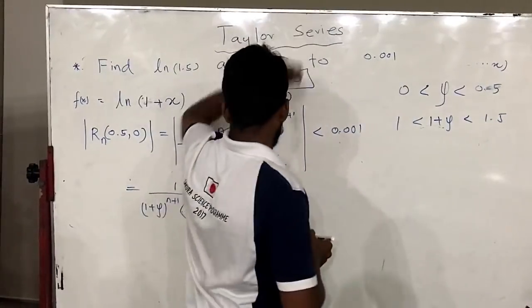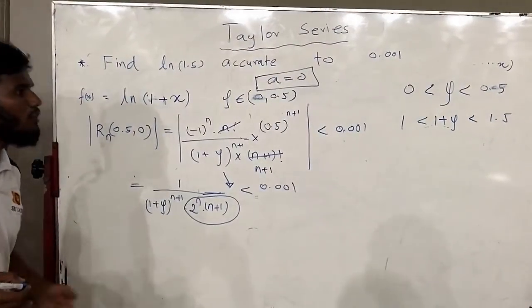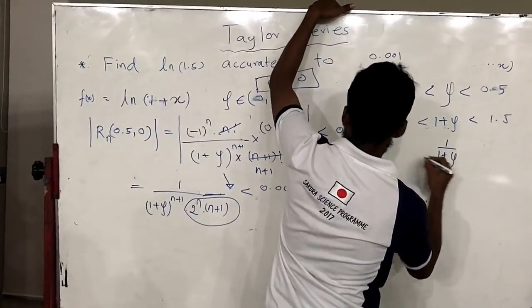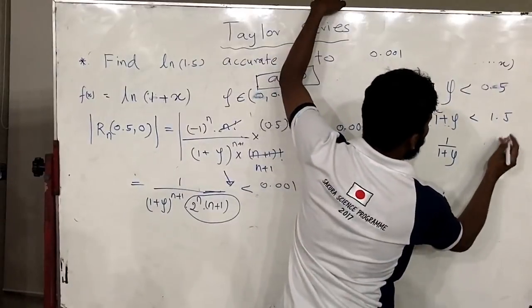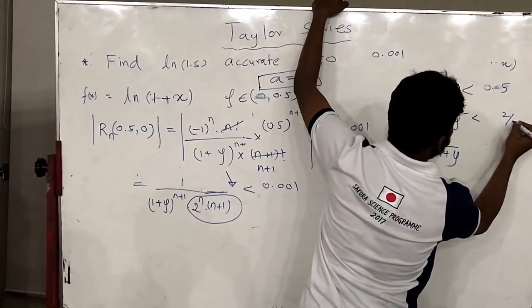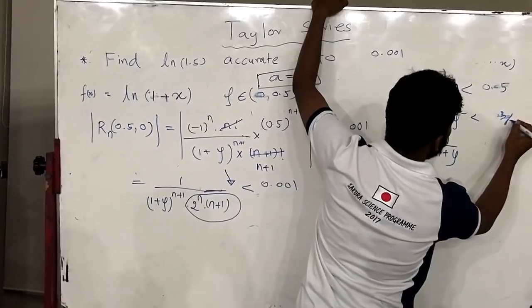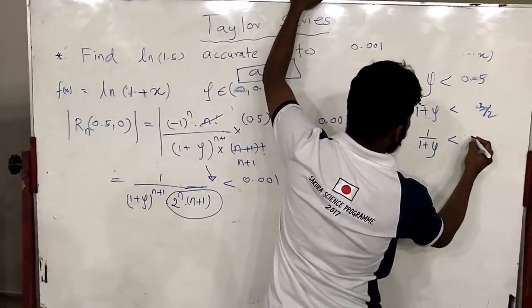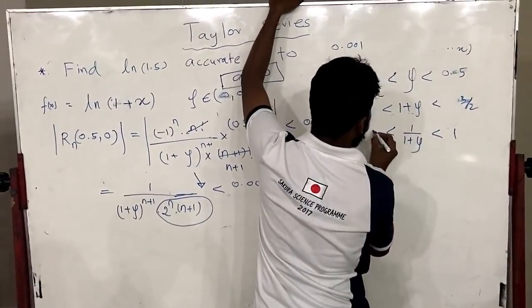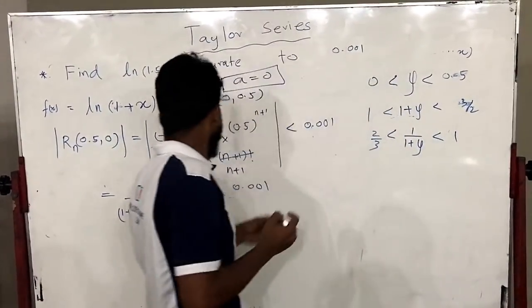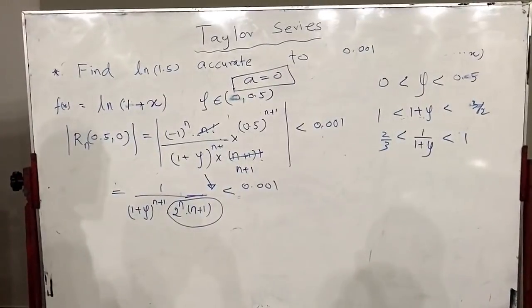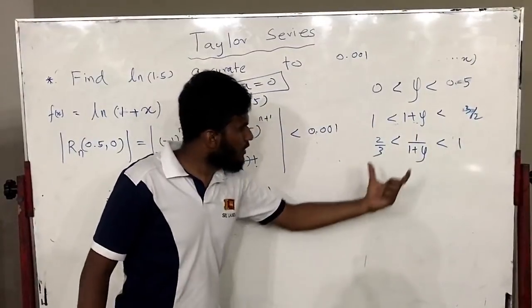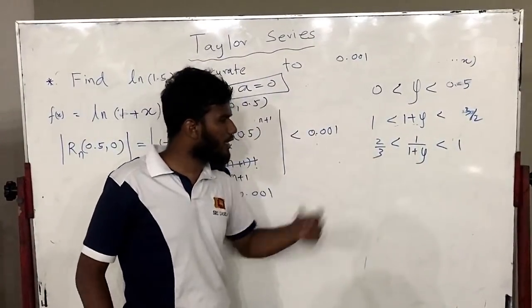But we need 1 over 1 plus zeta, which will be less than 1 and greater than 2 by 3. Okay, we got a boundary here.